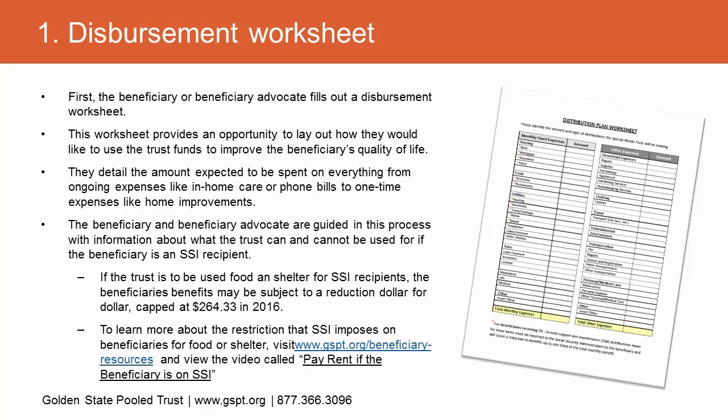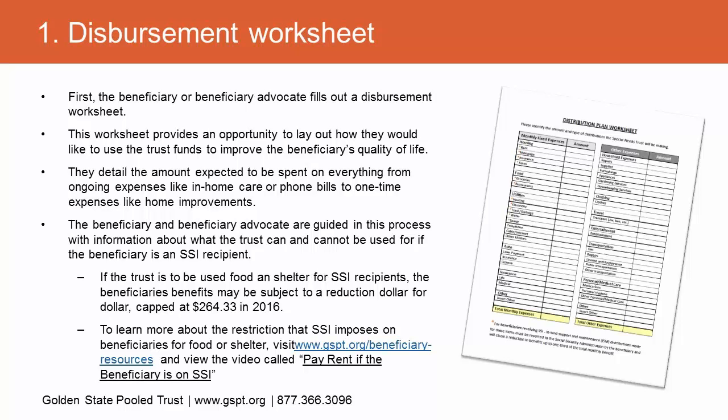So the first piece here, skip through that. This presentation seems to be intermittently animated, so we'll just kind of zoom through that. The first piece here is that disbursement worksheet that we mentioned the beneficiary or beneficiary advocate filling out. And so what this is an opportunity to lay out how they'd like to use the funds to improve the beneficiary's quality of life.